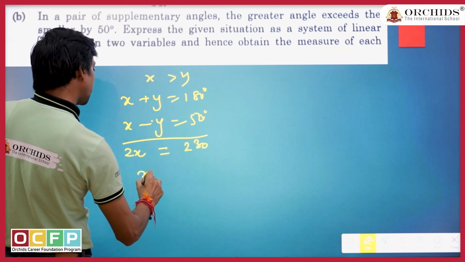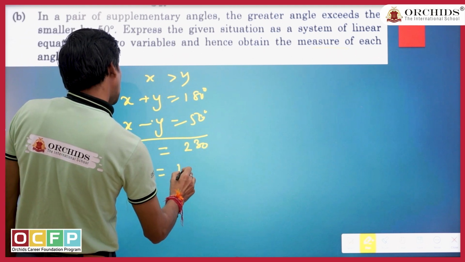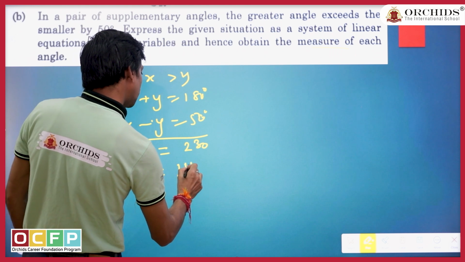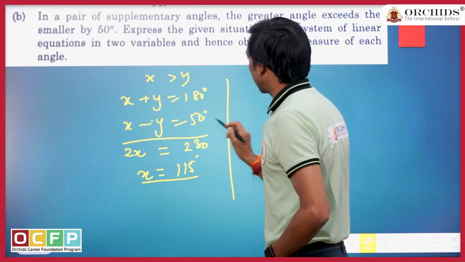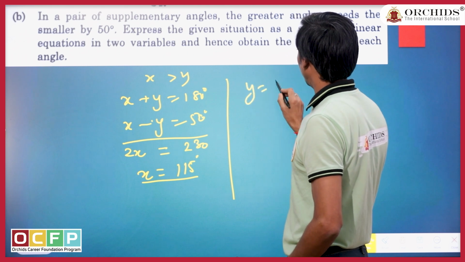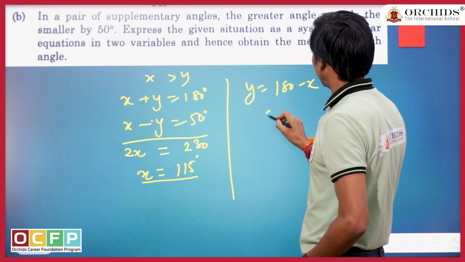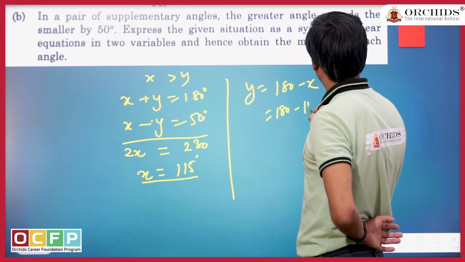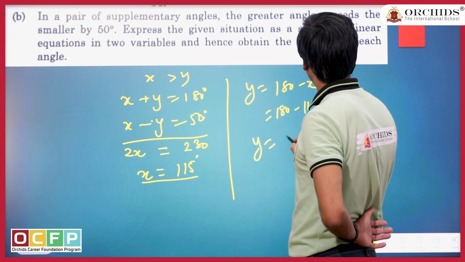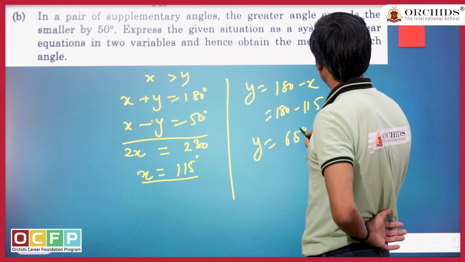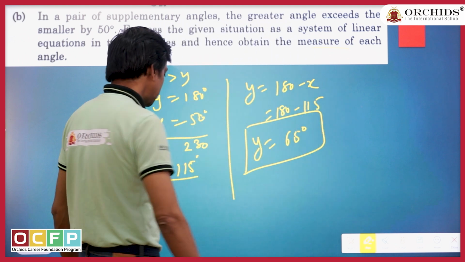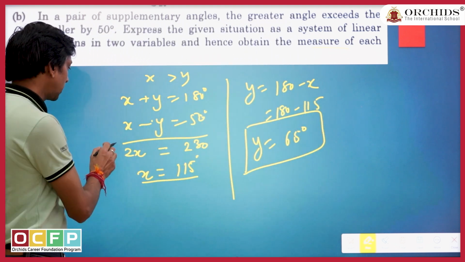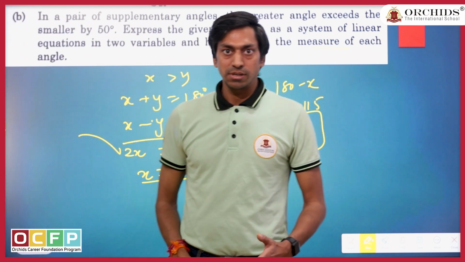So from there x is 115 degrees. Then y is equal to 180 minus x, that is 180 minus 115, which gives y equals 65 degrees. So x is equal to 115 and y equals 65 degrees. That is our required answer for this 2 marker problem.